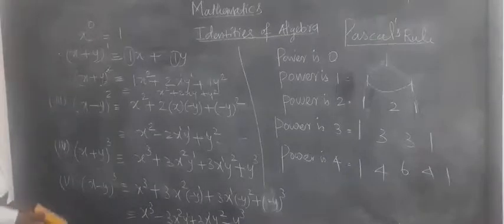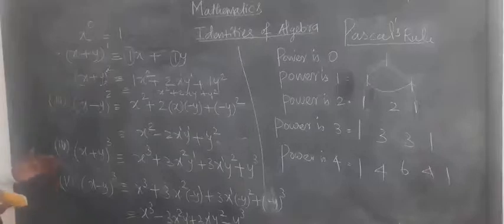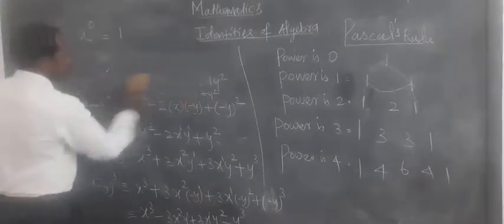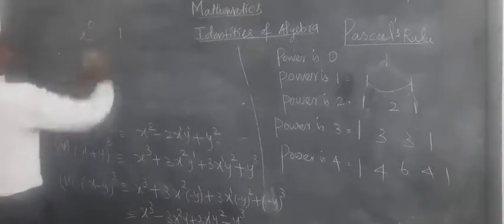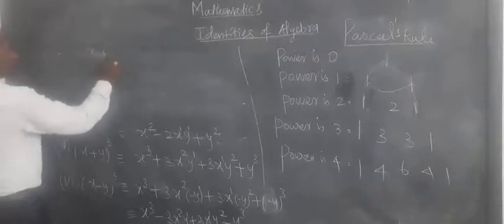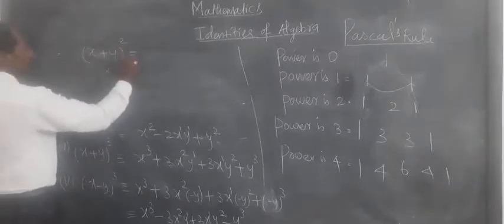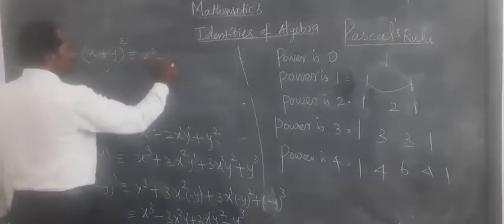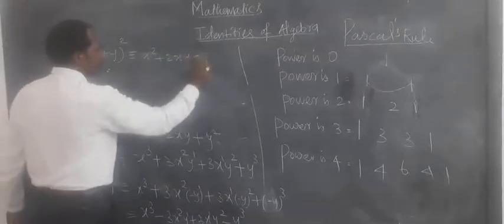So now I give the examples of how you have to identify whether this equation is an identity. I will give one example. Just use x plus y whole square identities, x square plus 2xy plus y square.